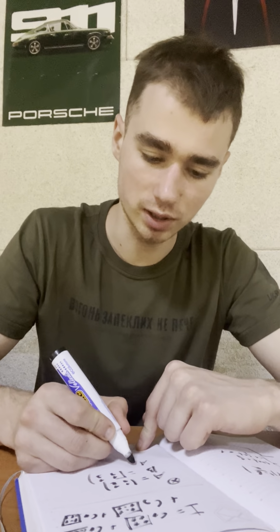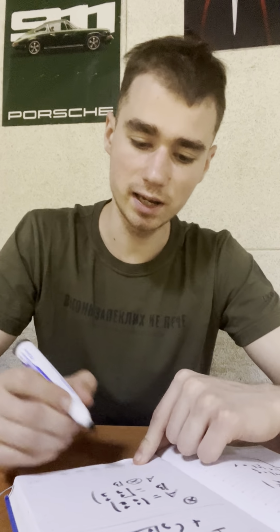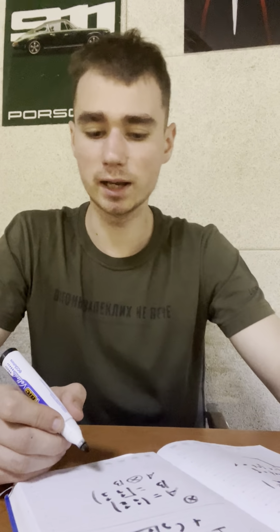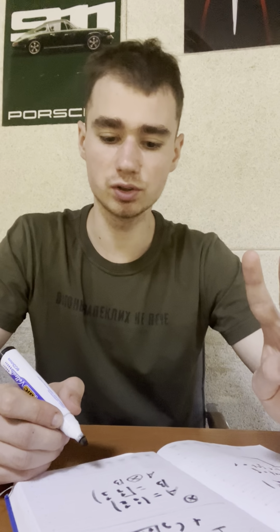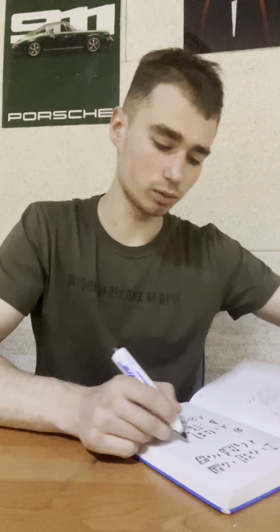If we write A Kronecker product B, from 2x2 matrices we would get a 4x4 matrix. Okay, I'll write it.